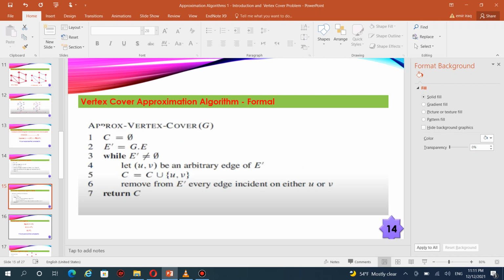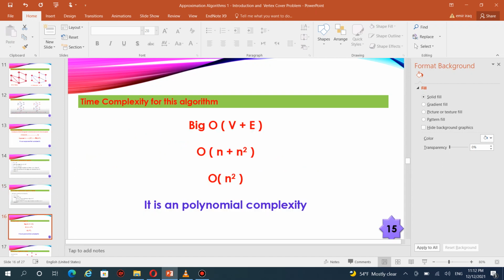After that, we'll remove from E every edge incident to U or V. We will repeat this procedure until E equals null. After that, we'll return our solution.